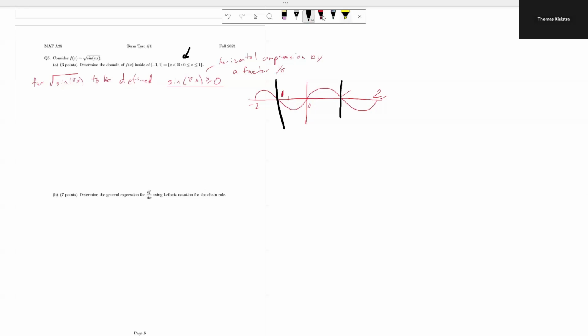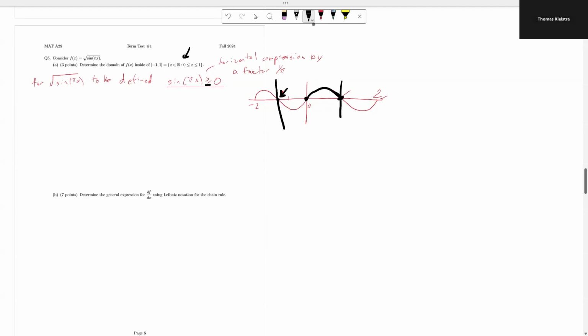And now I'm going to draw where the function is positive. Here it's positive, but now I want greater than or equal to 0. So I need to include where it's 0. So I include these 2 points, but I also include this point. Don't forget this point.